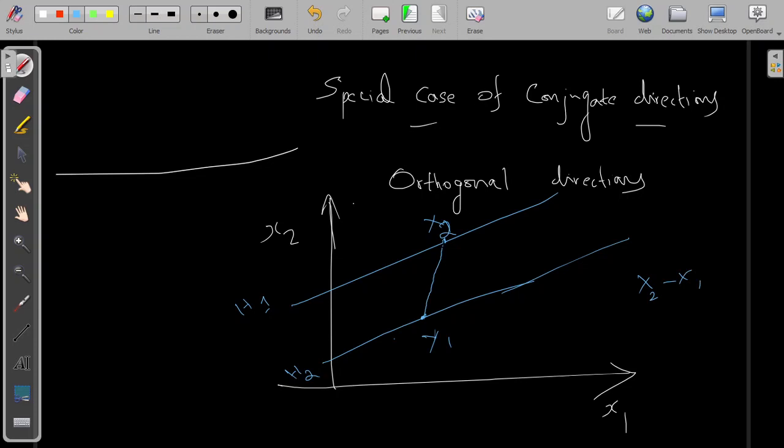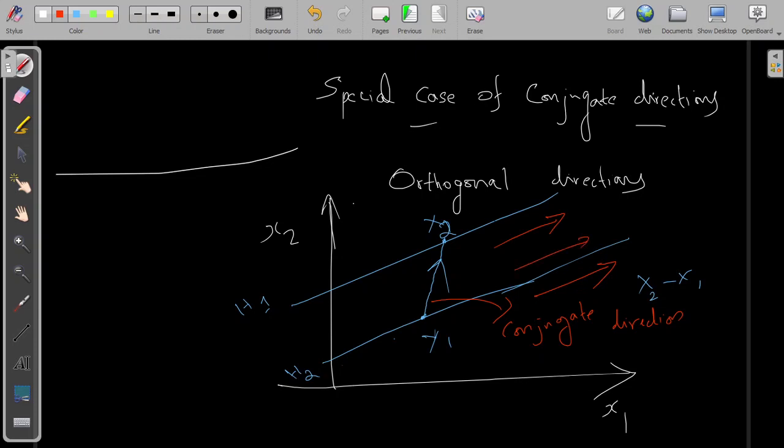It is directed in this direction, and this is a conjugate direction to any such parallel vector, such that all these vectors are parallel to the hyperplanes 1 and 2.